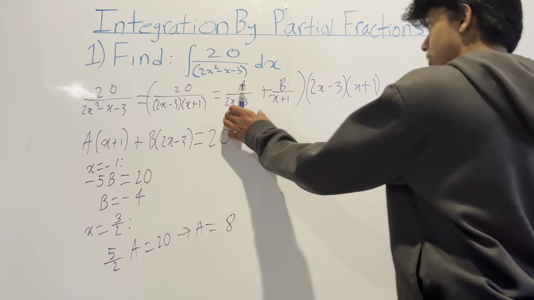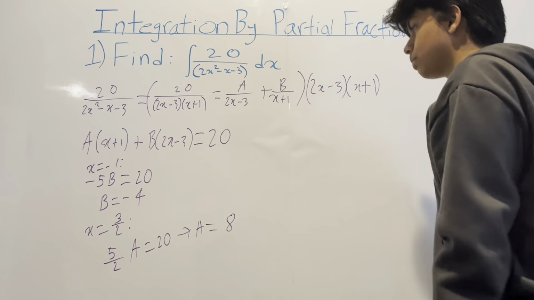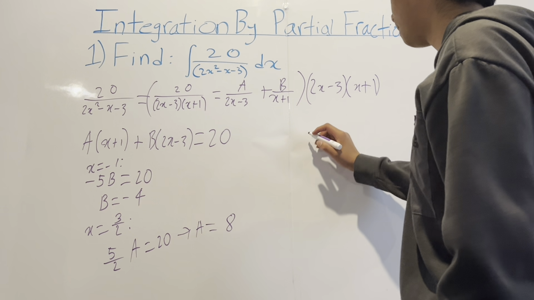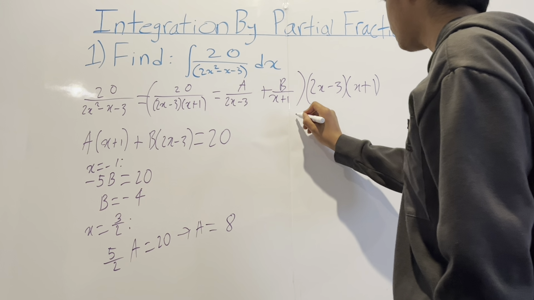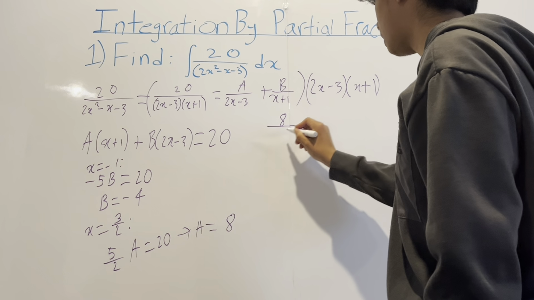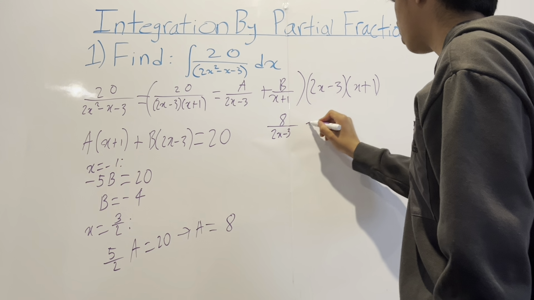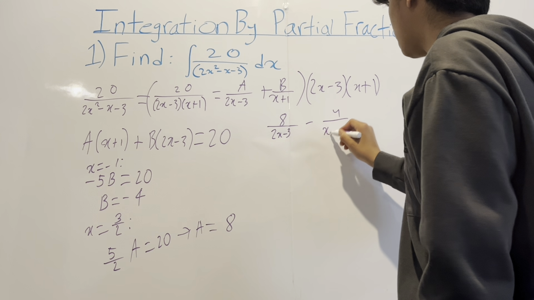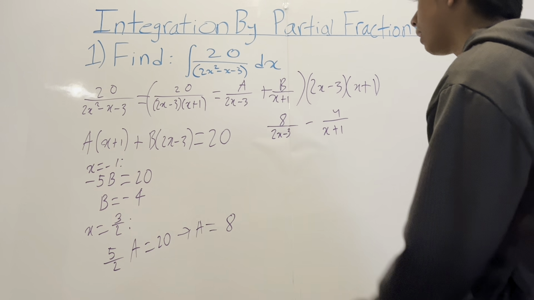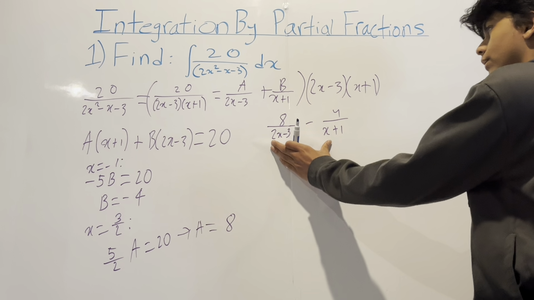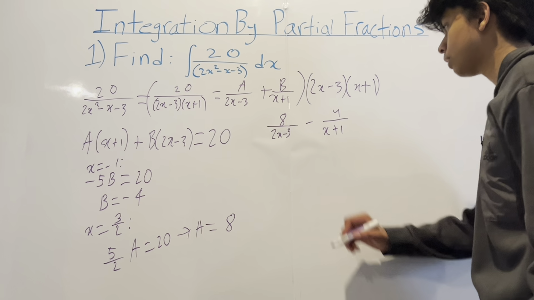Now let's go back to these two terms here, and we can just plug back in our values. So A was 8, so 8 divided by 2x minus 3, and then B is -4, so minus 4 over x plus 1. Now we can actually integrate them a lot easier instead of having to deal with this whole trinomial mess.